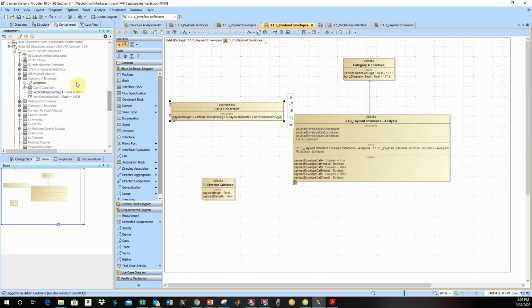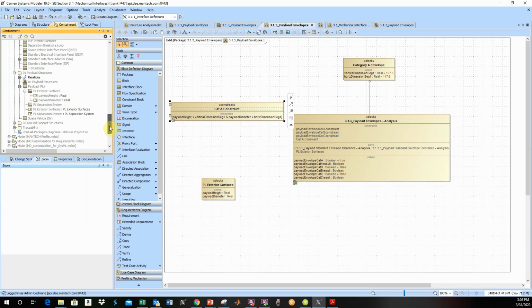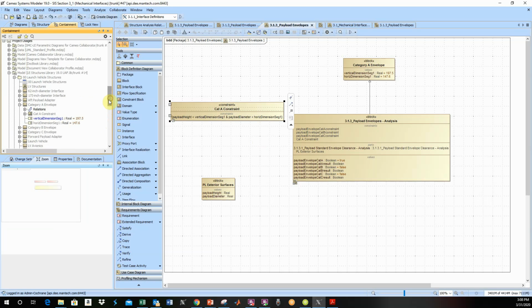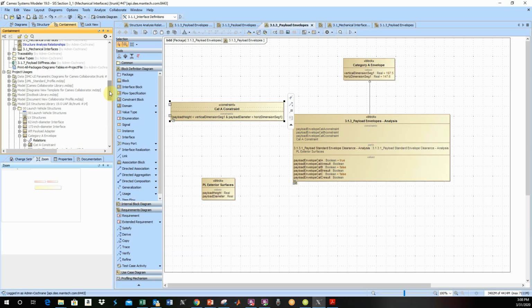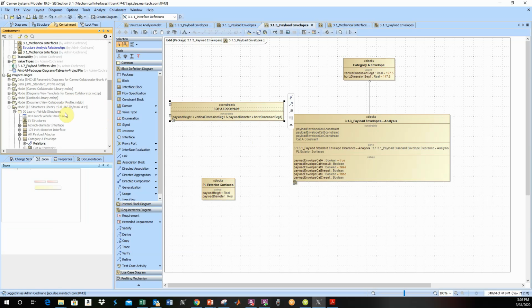So I'm stymied. I don't know how to get around this, but my thought was to build value properties and constraints into the library of the structures, the physical structure of the system, because that's what the system represents.